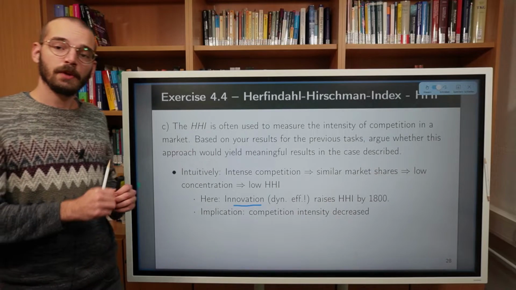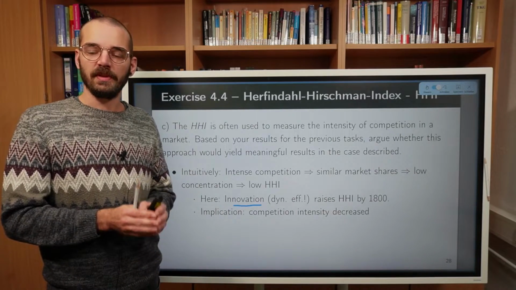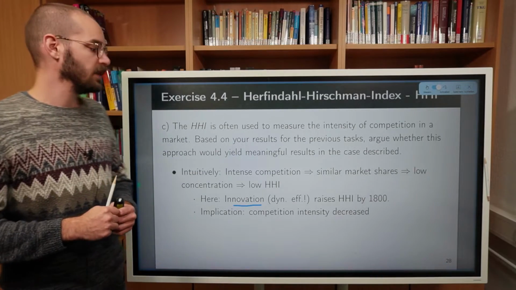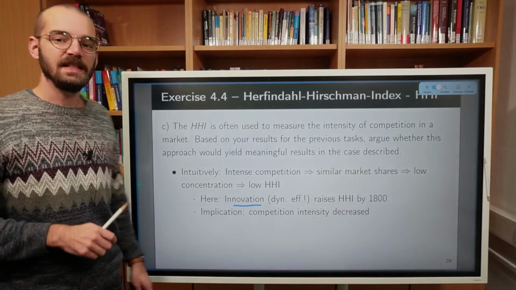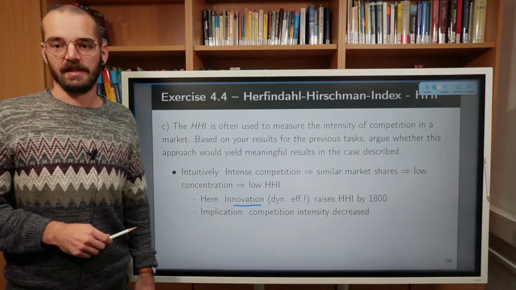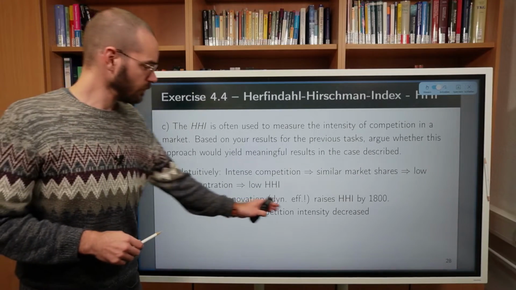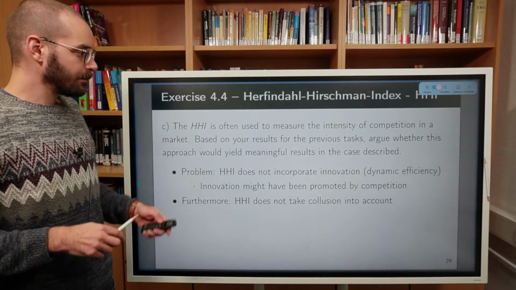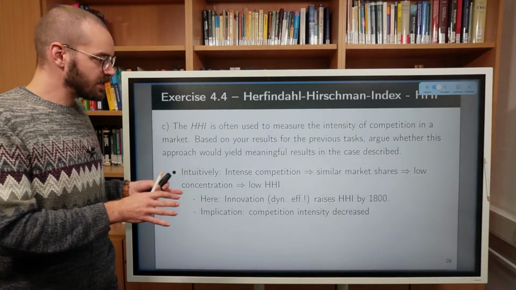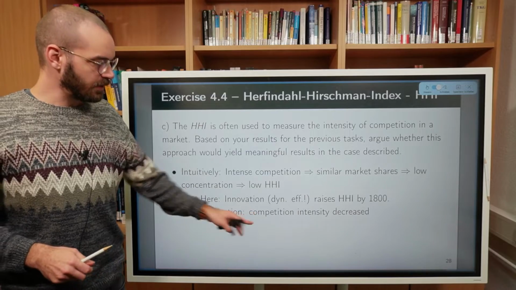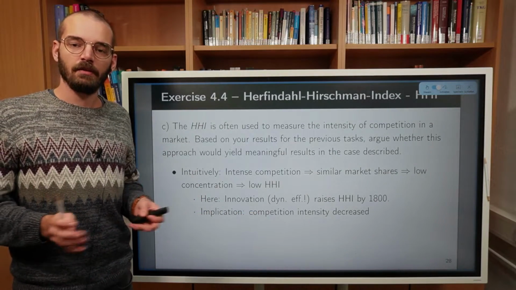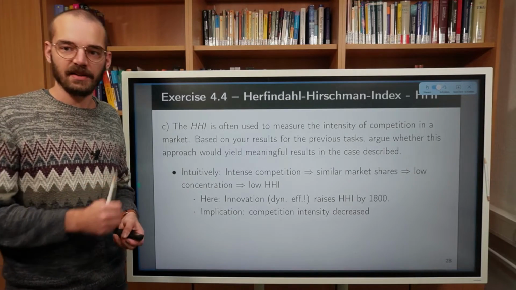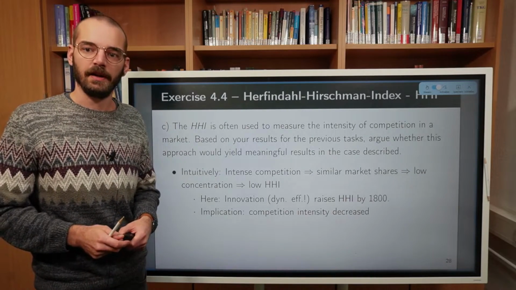Okay, so what we have seen is that due to this innovation, this reduction in marginal costs, the competition intensity in the market decreased. Now, how do we interpret this? A decreased competition intensity is, of course, something we would consider non-desirable in the sense of interpreting the HHI.